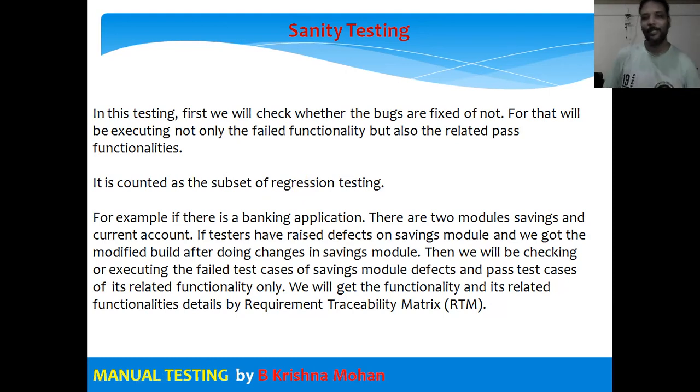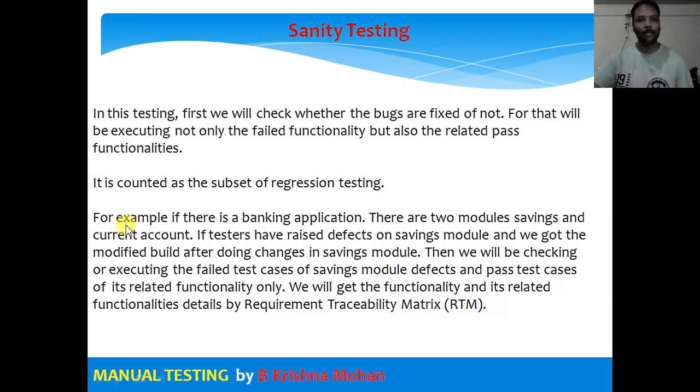In regression testing we execute all the test cases which passed in the previous iteration. But here we are not executing all the passed test cases, only those passed test cases which are related to the failed test cases or the failed functionality.